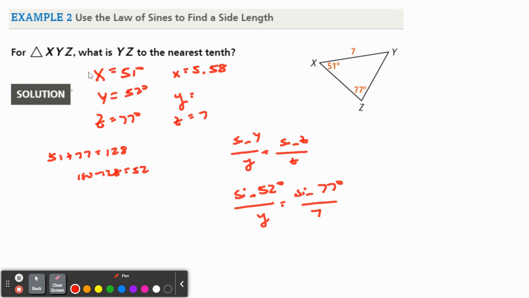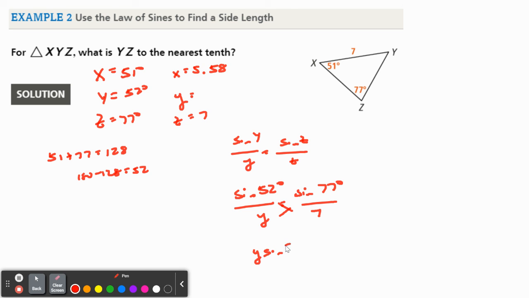And you will see that because angle X and angle Y measures are relatively the same, x and y are going to be about the same. Y will be slightly bigger because angle Y is slightly larger, right? If you remember that topic 5, the triangle inequality theorem and all that fun stuff.